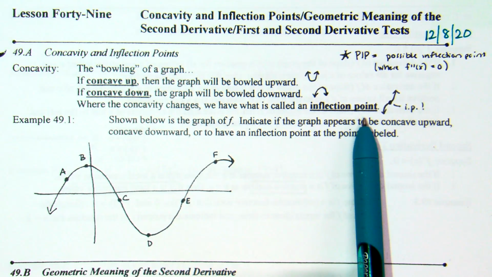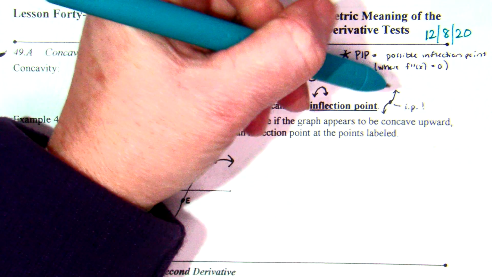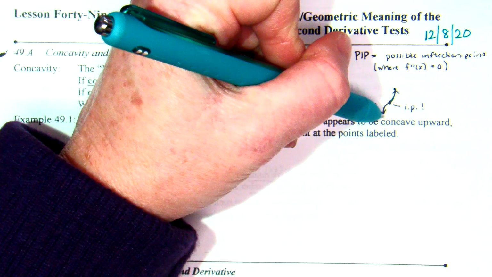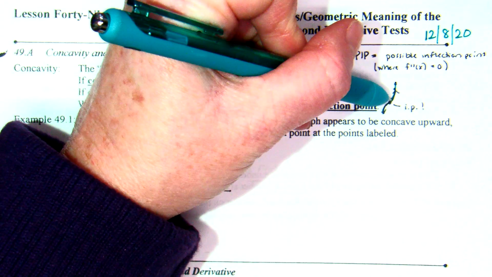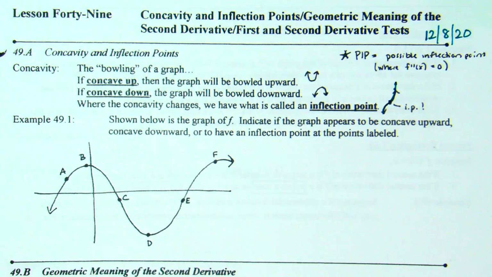So, for instance, you have a cubic looking graph here. As you think about a cubic graph, the whole graph itself is increasing because the whole graph is moving up as you move from left to right. But the beginning of the graph, up until 0, 0, is concave down because the shape is bowled down, so to speak.